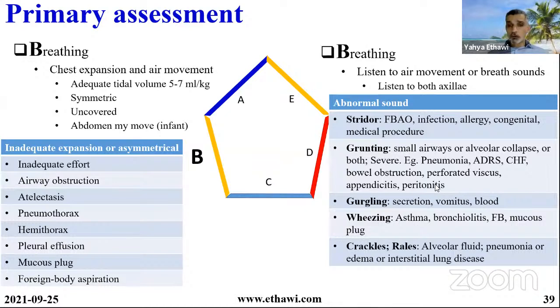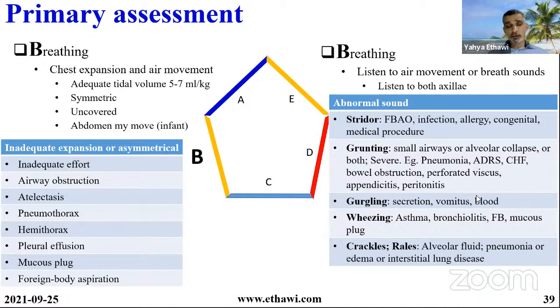You can also have crackles or rales, which is a noisy breath. It can be inspiratory or expiratory, and it's less than gargling. Gargling you can hear with your ear, without a stethoscope, while for the crackles and rales you usually need a stethoscope.